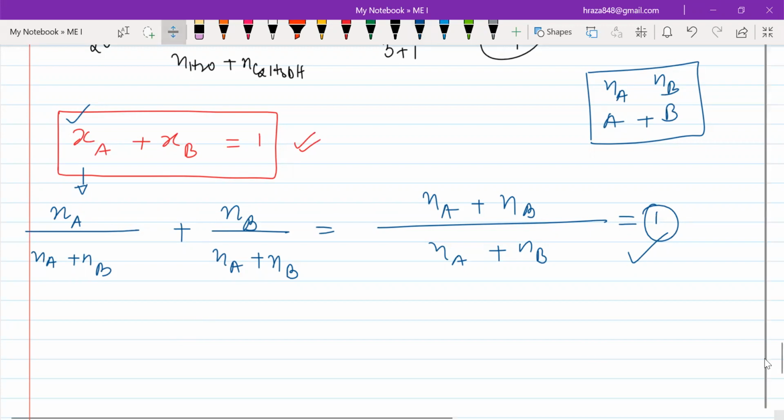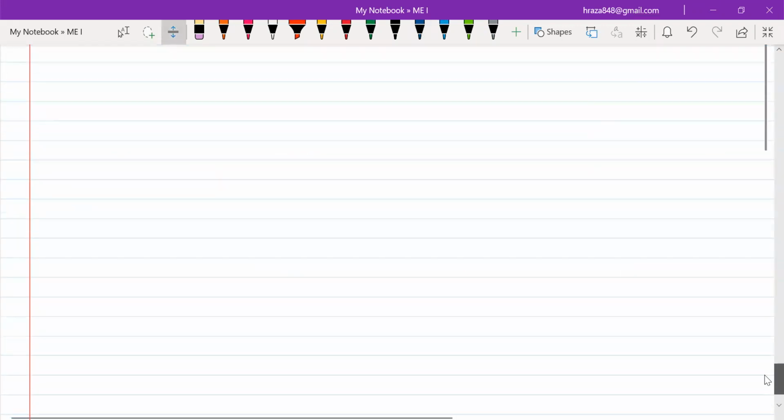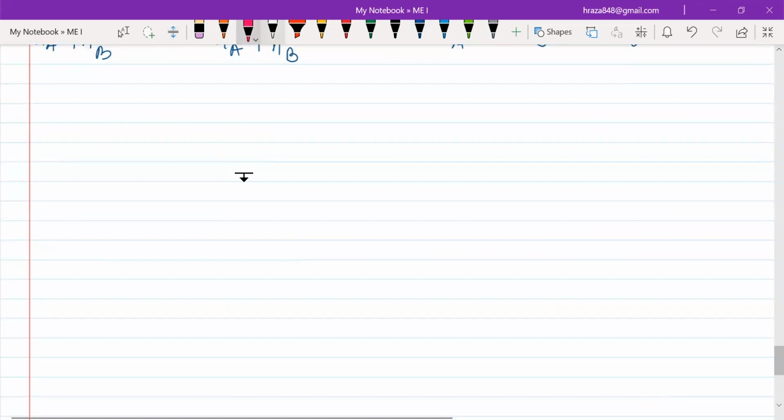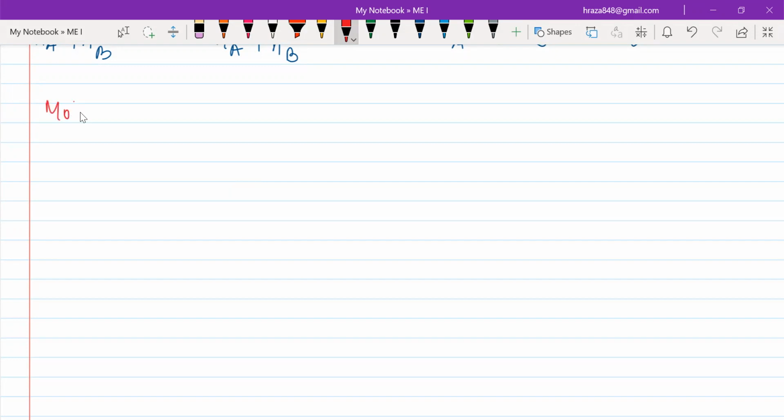Now the another concentration term is molarity. Molarity is denoted by capital M, and I'm going to define it.